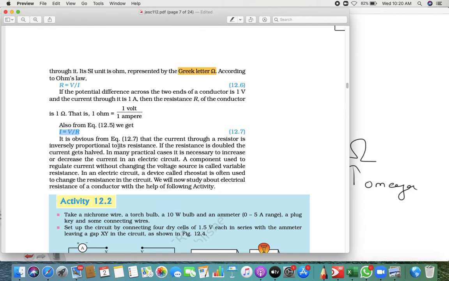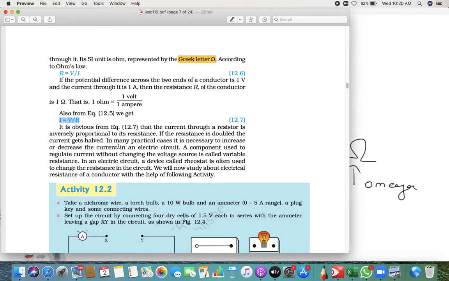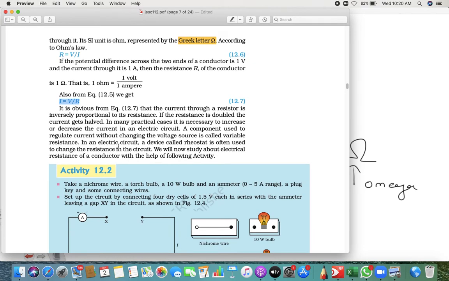Now the next thing we are talking about: a component used to regulate the current without changing the voltage source is a variable resistance. In the circuit, a device called a rheostat is often used to change the resistance. So what are we going to use?